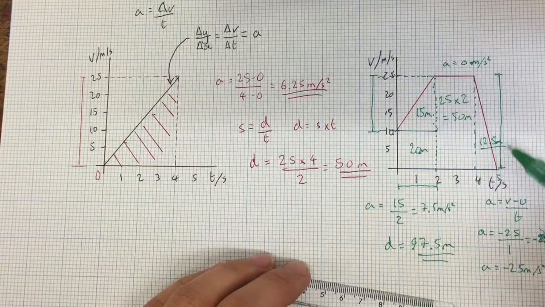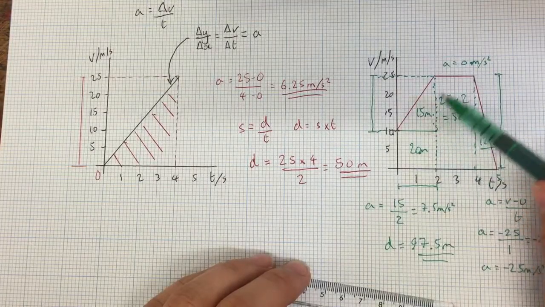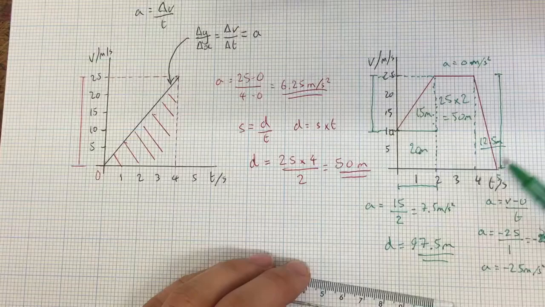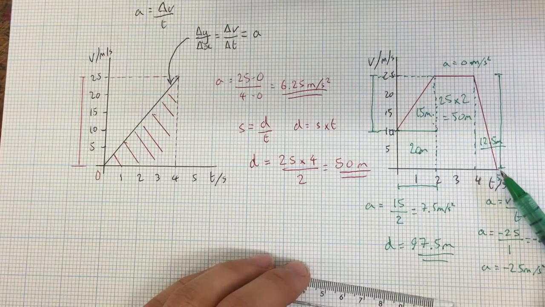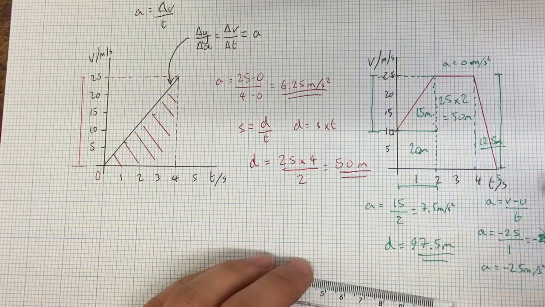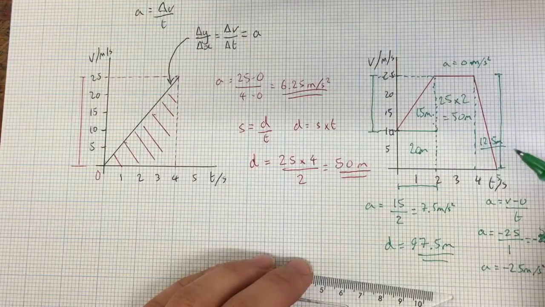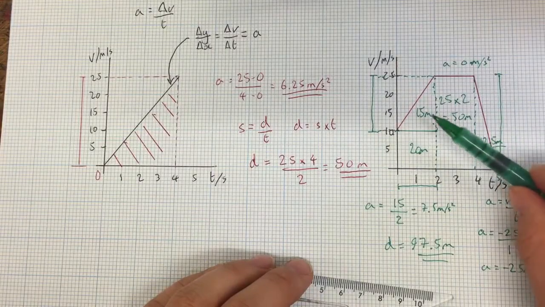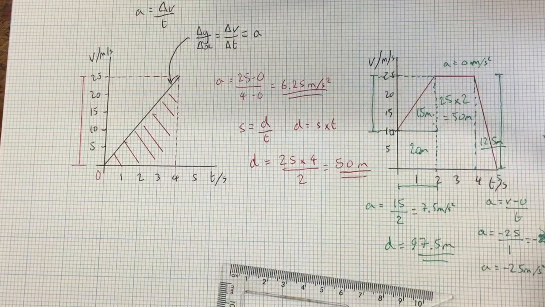It should be understood that the total distance that's been covered is 97.5, but because this is a velocity time graph, it takes into account direction.